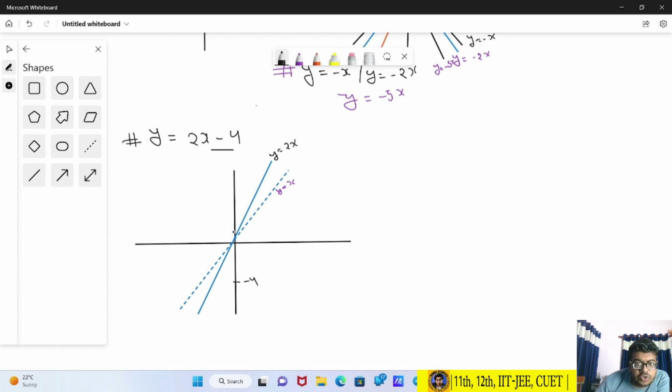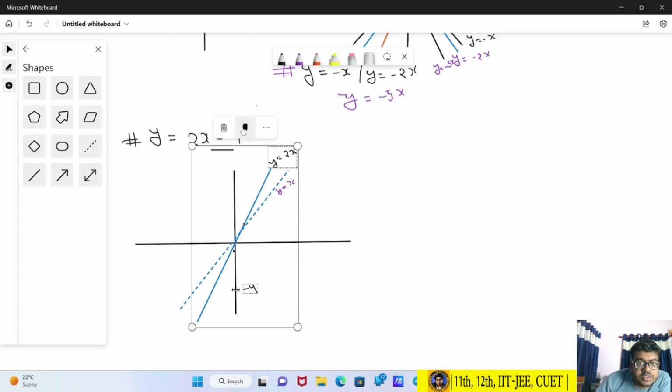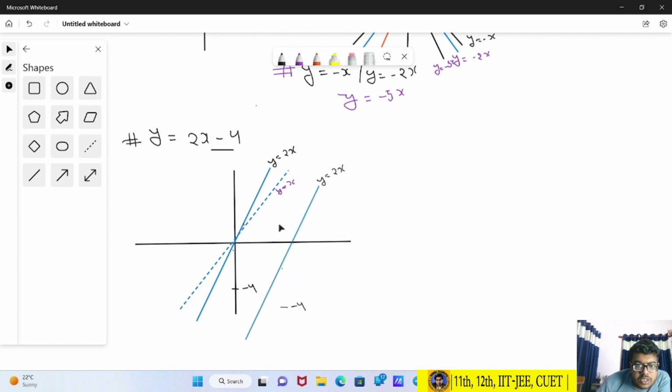So this line, we copy this line y is equal to 2x, and it comes here, parallel to y is equal to 2x.